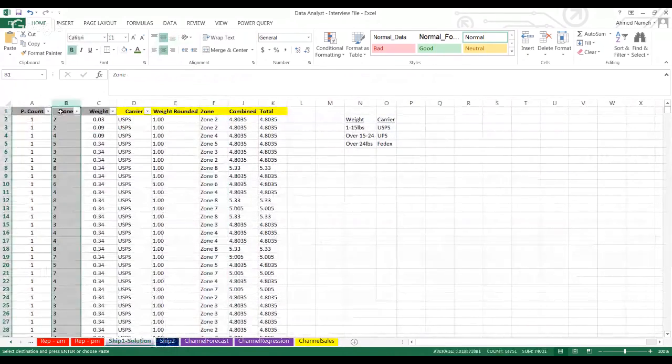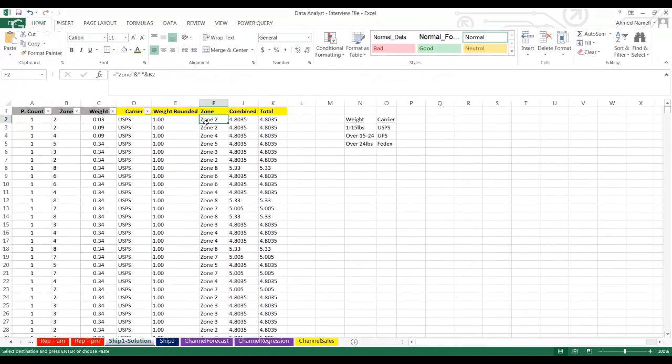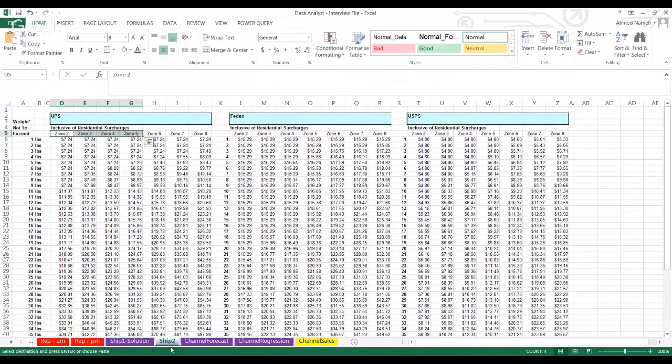Whereas here, the zone was listed as simply a number going from 1 to 7 or 8. So I put together a column that essentially reformatted column B and provided me with the values that I would need to be able to extract the appropriate shipping rates for the appropriate carrier.